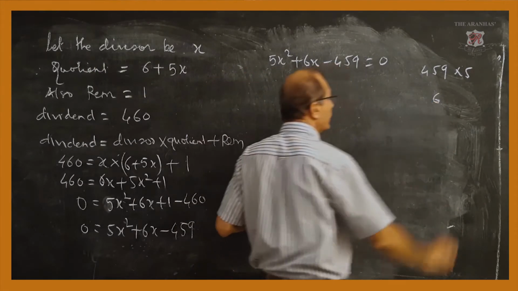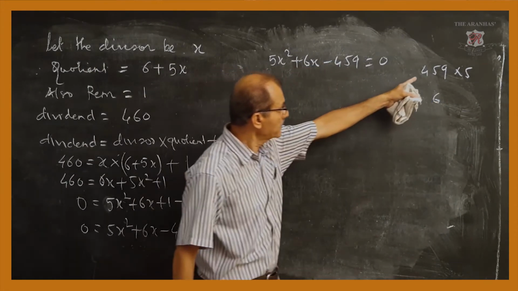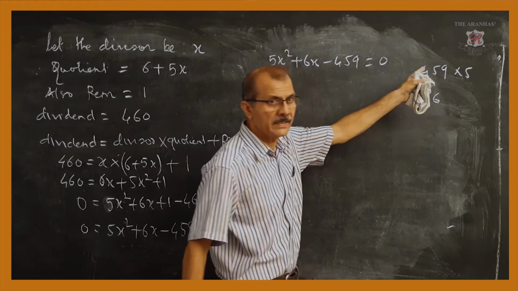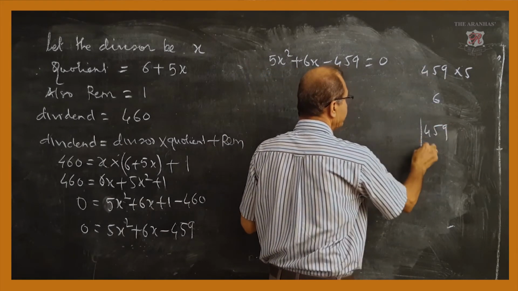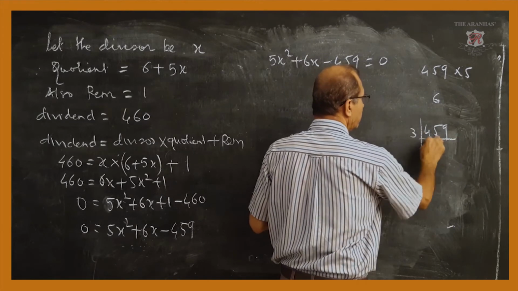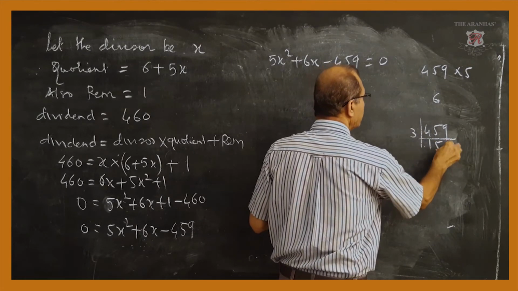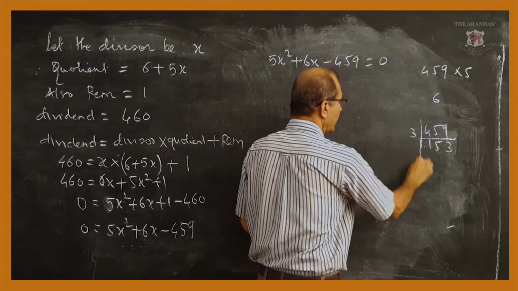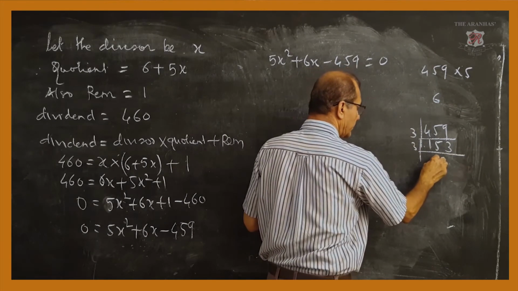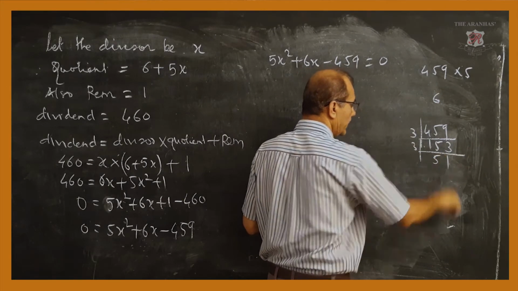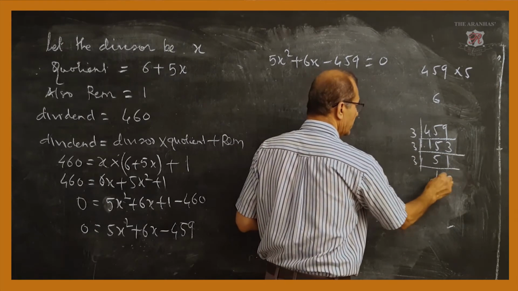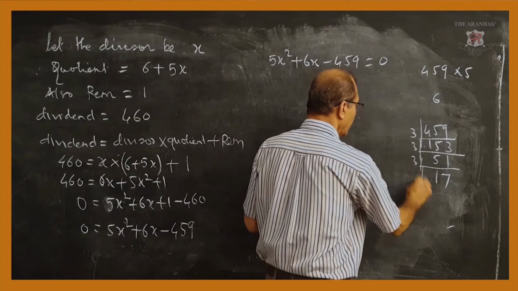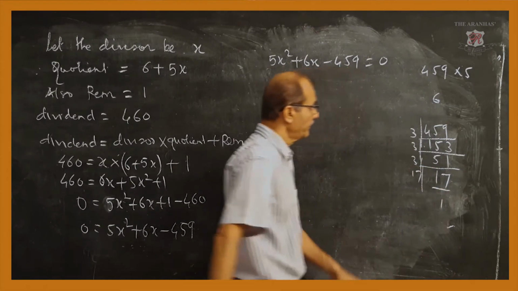So what I will do is I'll first factorize this 459. Let me see. Okay, so 459 factors. 3 ones are 3, 3 5s are 15, 3 7s are 21, and 17 ones are 17.